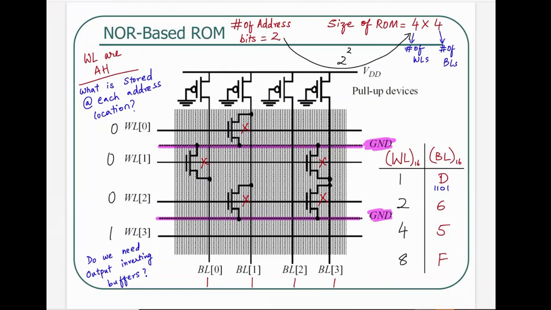Doesn't it depend on what you want or need? Well, here, what you really want is presence of a transistor, store a 1. Absence of a transistor, store a 0.